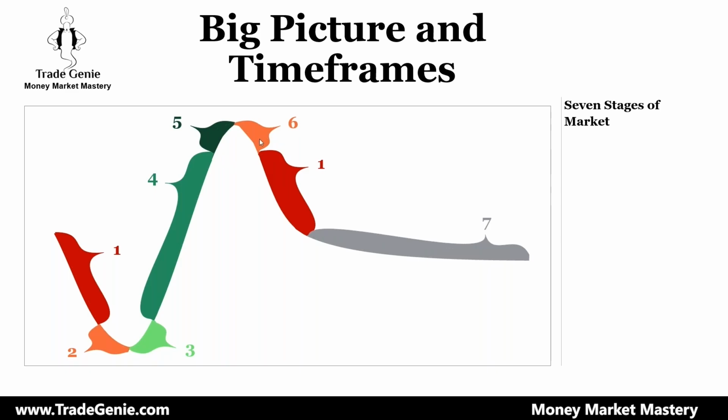Most likely it's not 5; if I look at the daily chart of Apple, it's in stage 6 right now. Who knows, it's okay if it creates another stage 4, because after creating a stage 6, the market can do a stage 4.